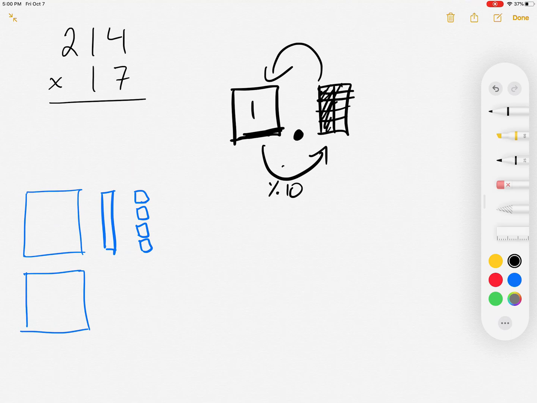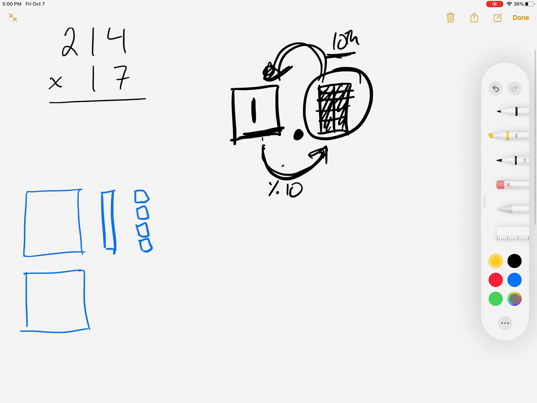If I have 10 tenths, that's the same thing as 1. It's identical. See how I have a 0 on the end? I could take this whole group of 10 and convert it into a 1. Now, opposite, if I have 1, I can smash it into 10. What does it mean if I take one of these tenths? Let me grab this color, because this is where it makes a lot of sense.